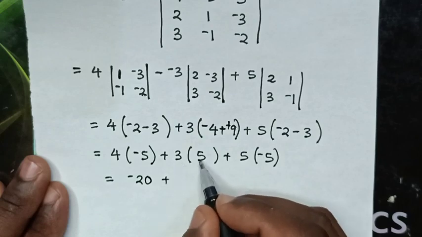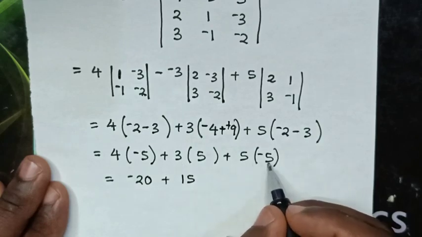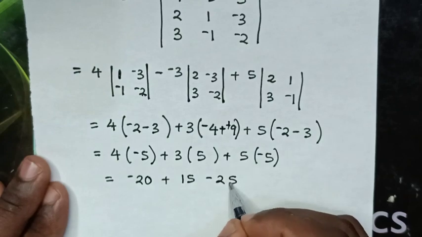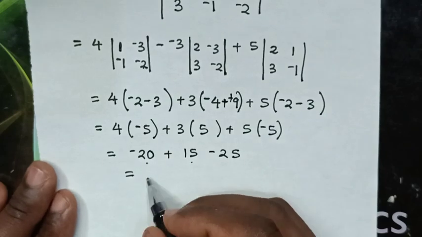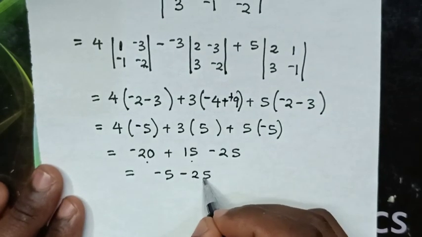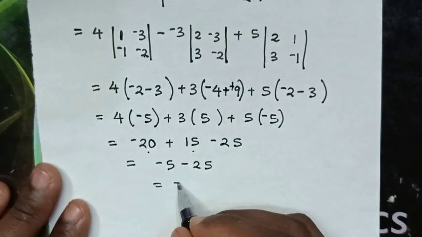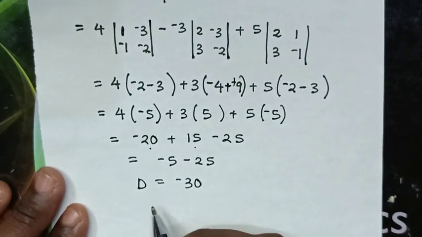Then plus 3 times 5 is 15. Then in here 5 times negative 5 is negative 25. So it will be equal to negative 20 plus 15 is negative 5. Then minus 25. So it will be equal to negative 30. So this is the value of the determinant.